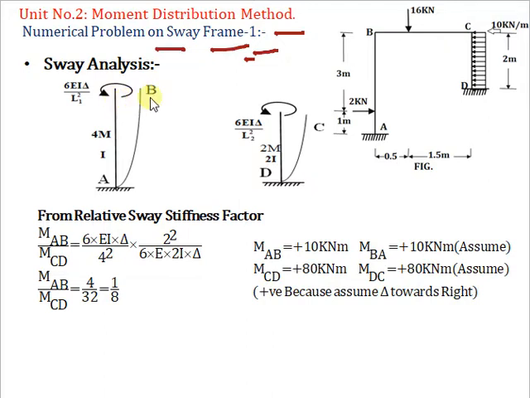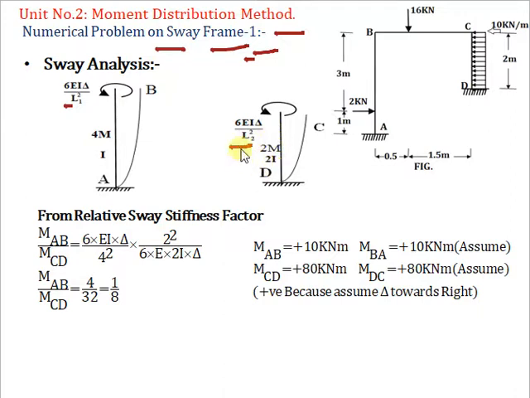There is a sway on the right hand side, and let's consider that sway as positive. The moment created due to the sway for AB is 6 EI delta divided by L square, and for the other column the sway moment will be 6 EI delta divided by L square. L is the column length.